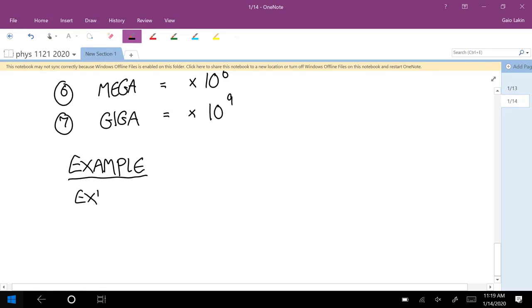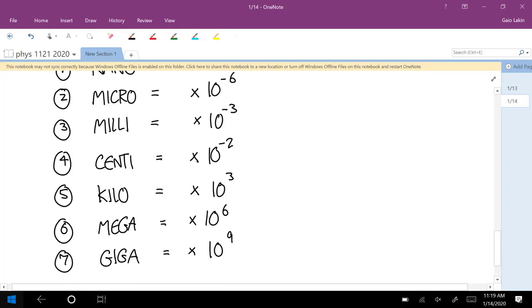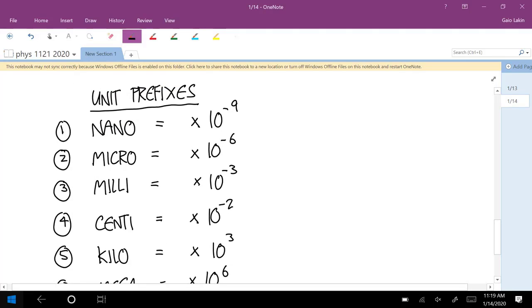express $50 microseconds. I guess I didn't give these abbreviations, but nano is represented with a lowercase n. Micro is represented with the Greek letter mu.